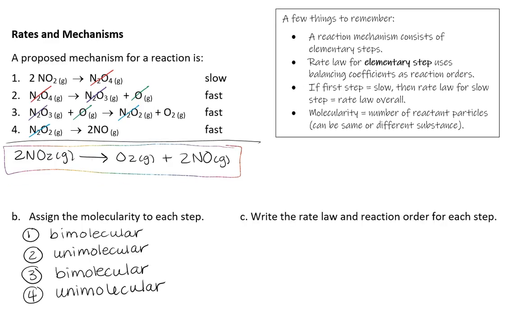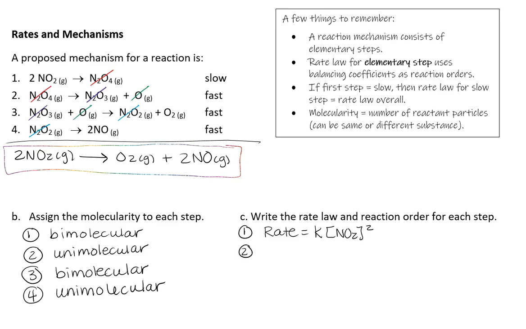Next, we'll write the rate law and determine the reaction order for each step. Remember, as we said earlier, the rate law for an elementary step follows the balancing coefficients. So we simply look at each reaction and extract the rate law directly from that. So reaction number 1, we'll have rate equals k times the concentration of NO2 squared.